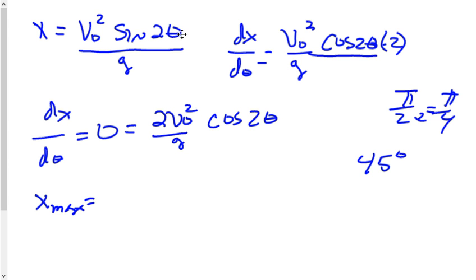So we can maximize the range by doing this equation, V naught squared divided by g. So as long as we know the beginning velocity, and that's the vector, and we divide that by g, this value here can give us our range pretty easily.